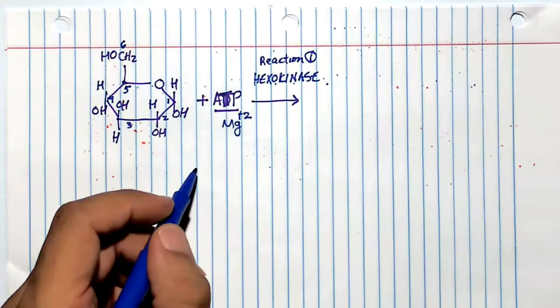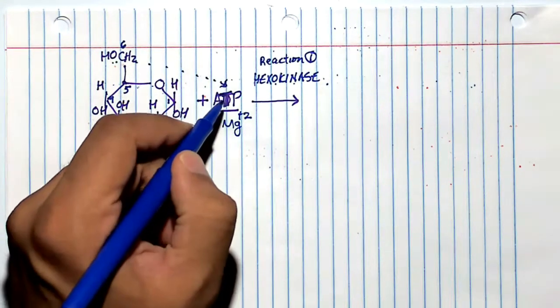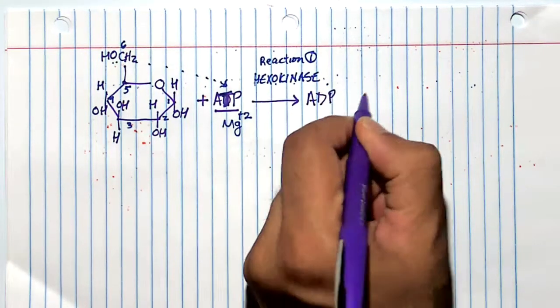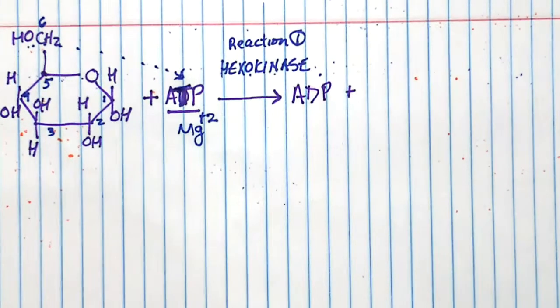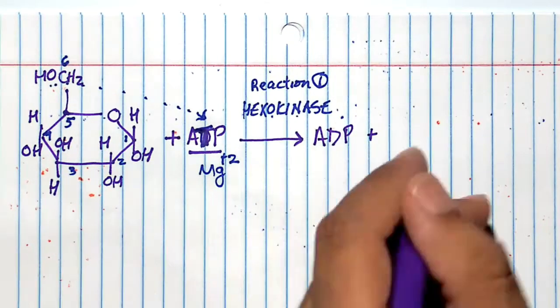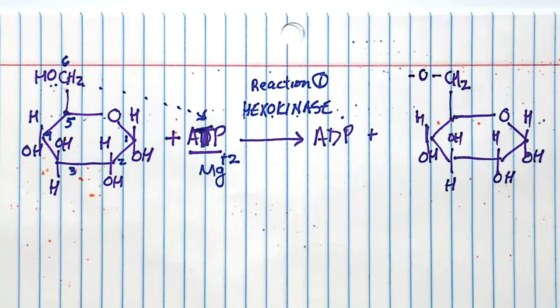And you can imagine what happens here. We're going to have a nucleophilic attack on the gamma phosphate, and ADP will come off, which is fine. But the important thing is that we phosphorylated glucose at the number 6 carbon, and we get glucose 6-phosphate. What I'll do is I'll just put this phosphate in green or orange.